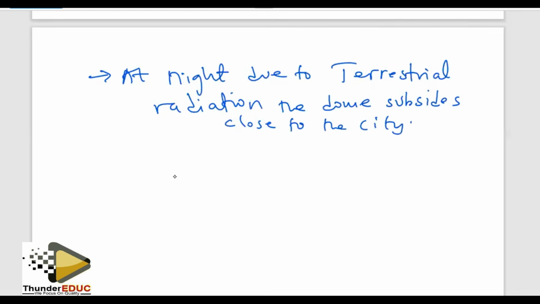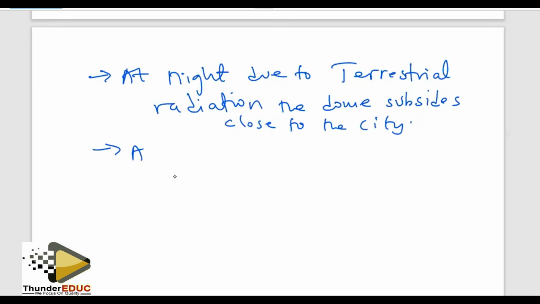So at night, we know temperatures are low. Therefore, the dome cannot expand upwards. Instead, it will be contracting, moving towards the city or towards the surface as a result of cooler conditions.